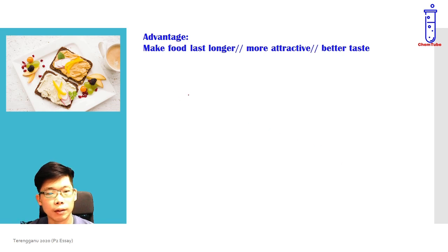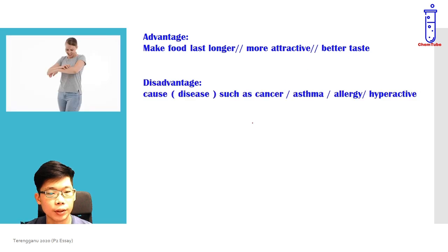You can choose make the food last longer if you choose the preservative, more attractive for the coloring, and better taste for the flavoring. For the disadvantage you can put, it will cause disease like cancer, asthma, allergy, and hyperactivity.